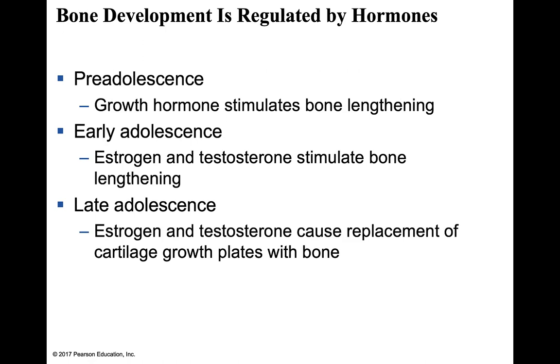Now, during pre-adolescence, growth hormone will play a role in stimulating the lengthening of bone. As adolescence comes on, estrogen and testosterone are going to be the primary stimulators for bone lengthening. Late adolescence, estrogen and testosterone actually cause the replacement of the cartilaginous growth plate with bone.